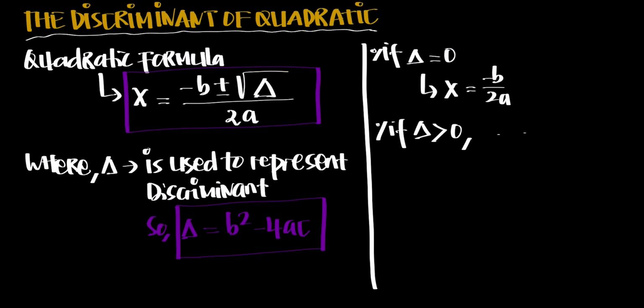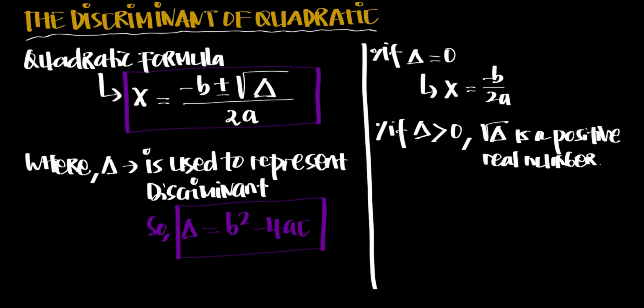then the square root of delta is a positive real number. So what does it mean? There are two distinct real roots.